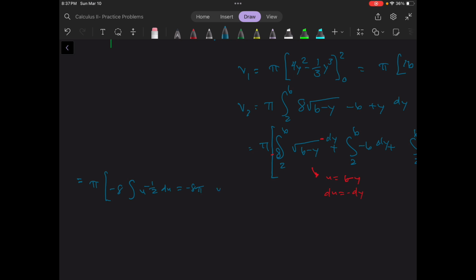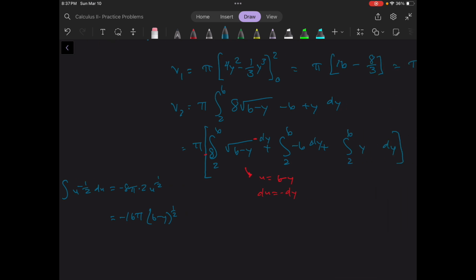When you add 1 to the exponent and divide by that new number, you just get a 2 out front. Finally, you can plug back in your function of y for u, which was 6 minus y, to the 1/2 power.